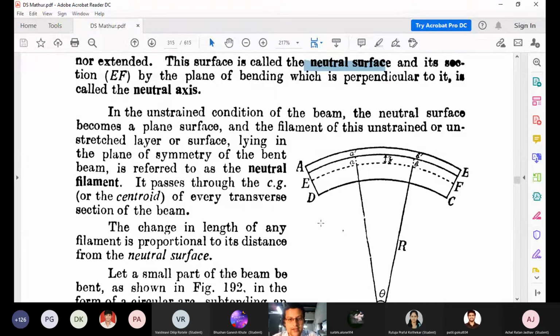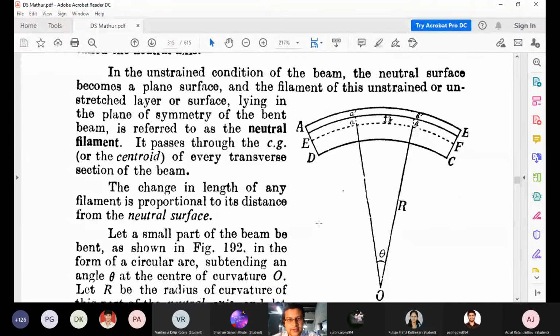We are going to derive the expression for this bending moment. In this geometry, the neutral surface becomes a plane surface, and the filament of this unstrained or unstretched layer, the neutral layer, lying in the plane of symmetry of the bent beam, we call the neutral filament.